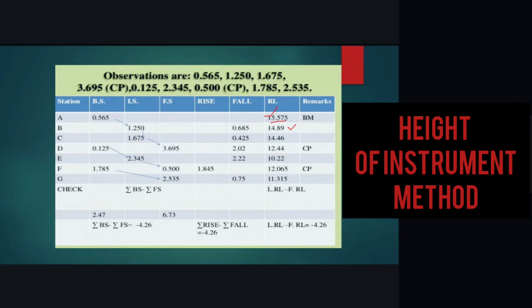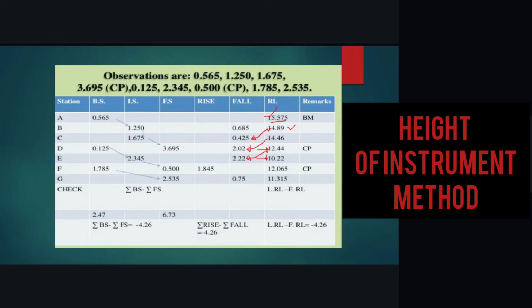Okay, and then what you have to do now, this is the next reduced level. You have to subtract 0.425 from 14.89. Okay, and from 14.46 you have to subtract 2.02, so you will get 12.44, the new reduced level. From 12.44 you are going to subtract this 2.22 and you will get 10.22.